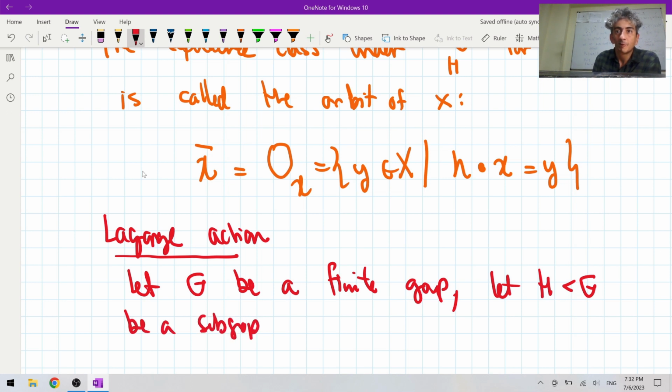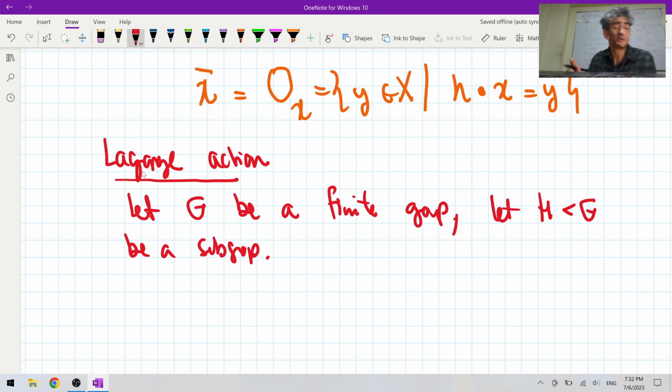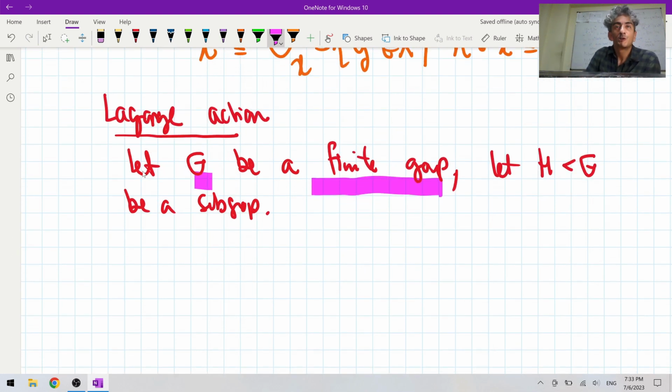It doesn't really matter if G is commutative or not. What's important for us is that G is a finite group and that H is a subgroup. So let's take a look at the following action.